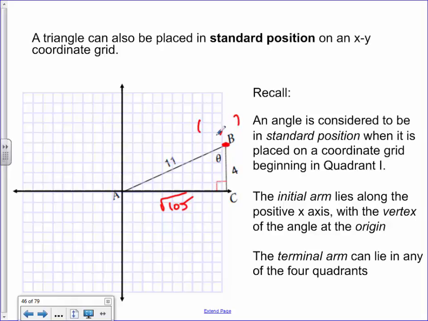What would the coordinates of this point be for x and y? Yeah, root 105 is your x value, because that's how far it was along the x-axis. And 4 is on the y-axis. What this is going to lead to is a bunch of new types of questions where I'm going to give you a coordinate point, almost as if it's on a map, and we can use it to calculate angles.